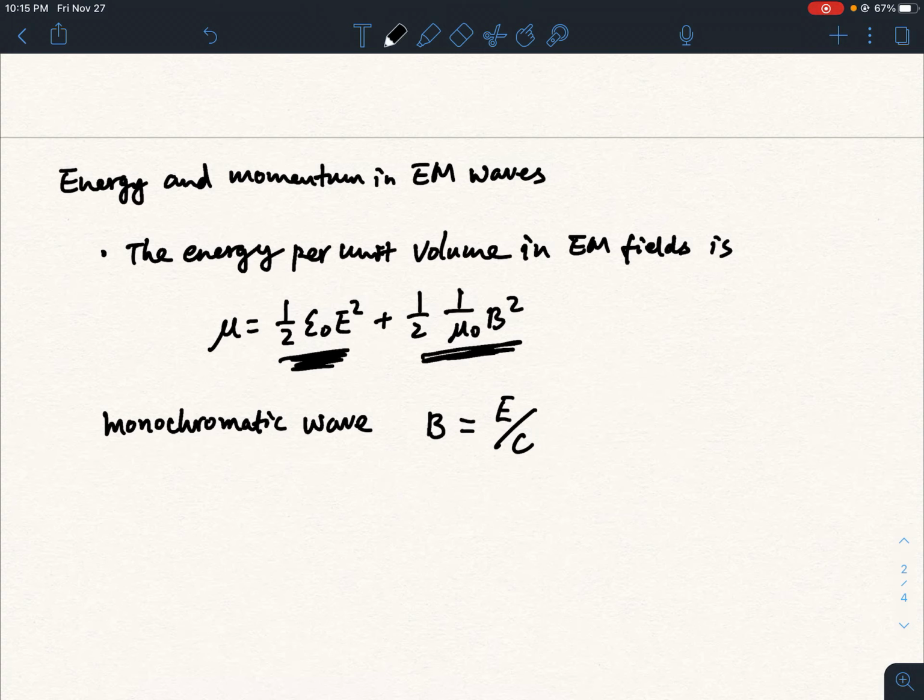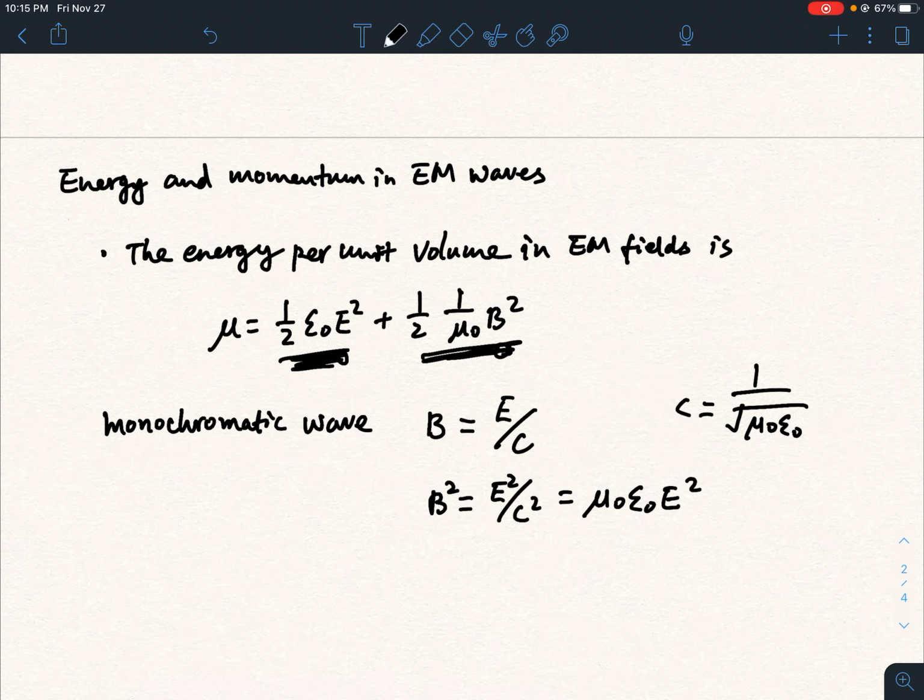So now you can see that here is B squared, here is E squared, so B squared is really E squared divided by c squared. And remember that 1 over c squared is really mu 0 epsilon 0. So B squared is really equal to mu 0 epsilon 0 E squared. So this is the electric one.